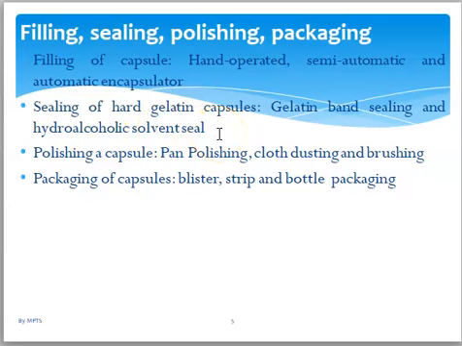Some have screws. I don't know if they're still present today. Gelatin blend is used for sealing. Of course, we have to polish them because here we have not granulated, so we have the powder. So usually they are polished either using a pan or a cloth, where they just pass them to smoothen them. And of course, they are packaged in blisters, the strips we know, or in large package containers, especially for government drugs.